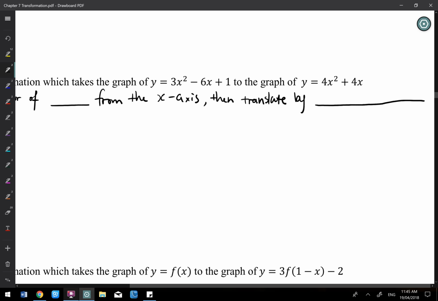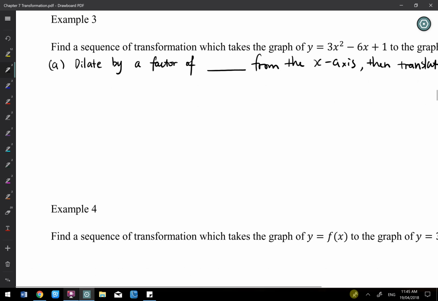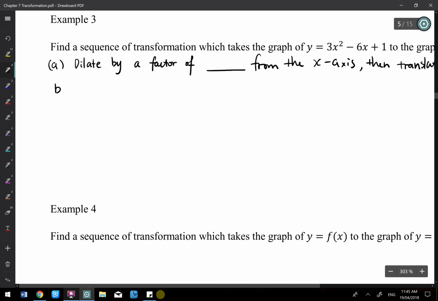Which axis I haven't defined, you do that by yourself. So you talk about the translation. And B is dilate by a factor of what from the y-axis.